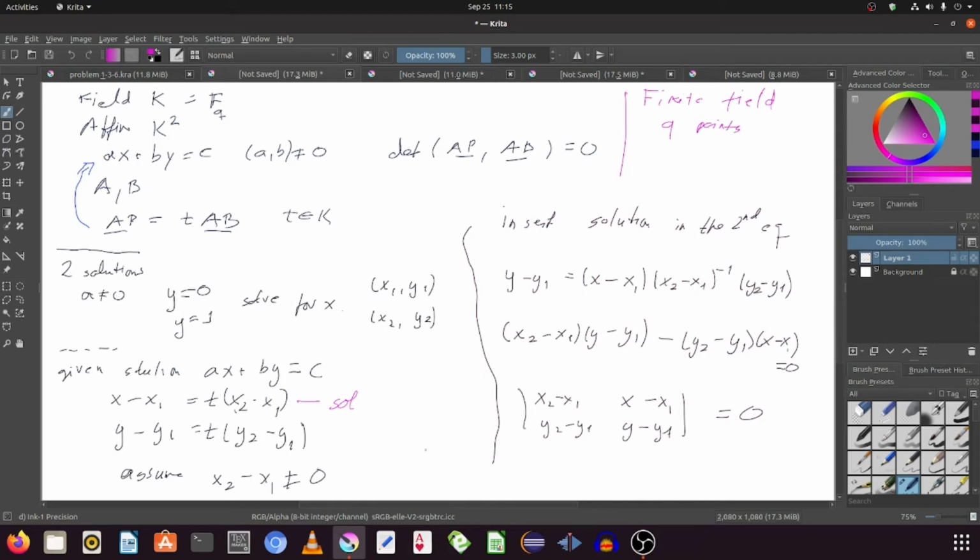And the parametrization gives q points as well. So that was easy.